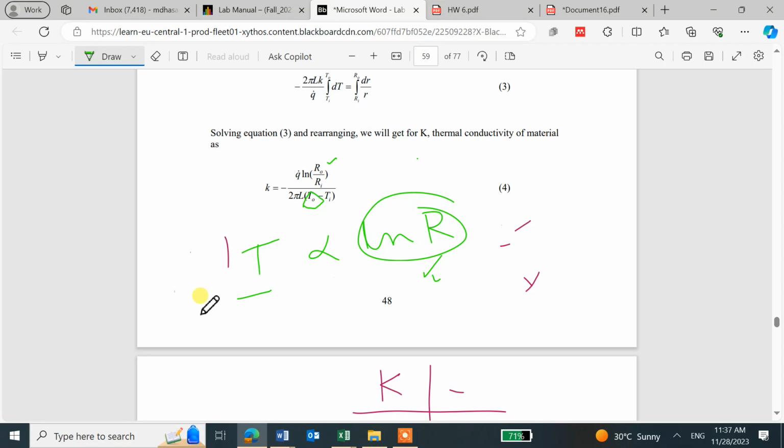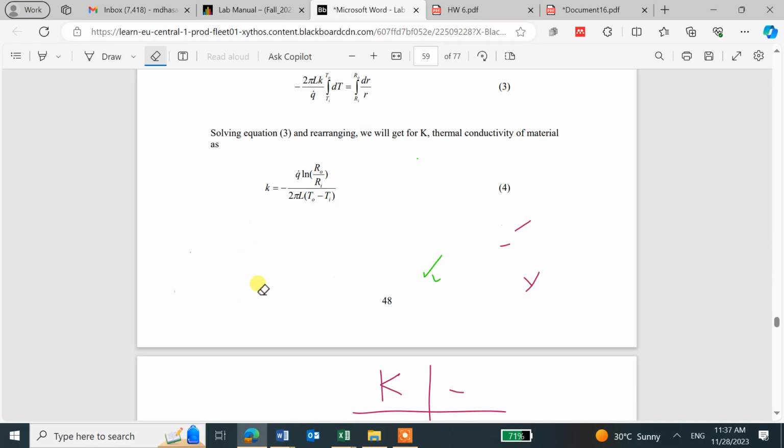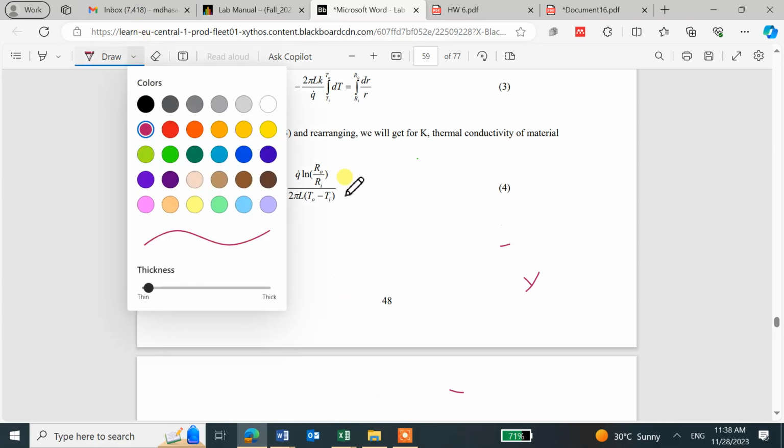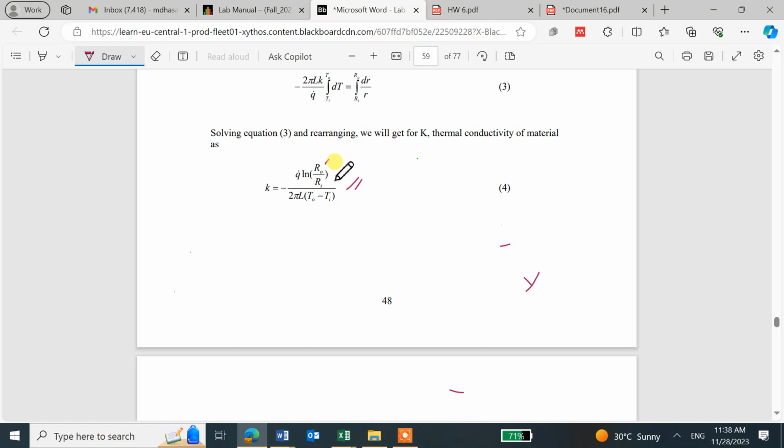Okay. So now using the radial data, how do we use this to find the k value? You can use right away the equation with ln(ro/ri) over To minus Ti.